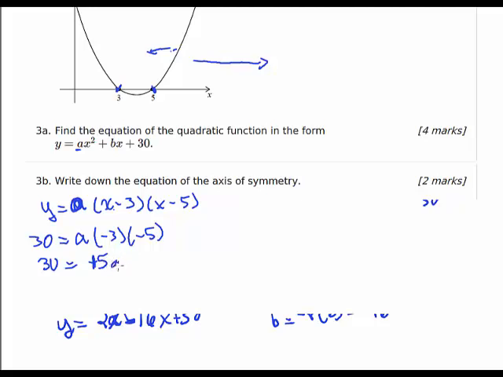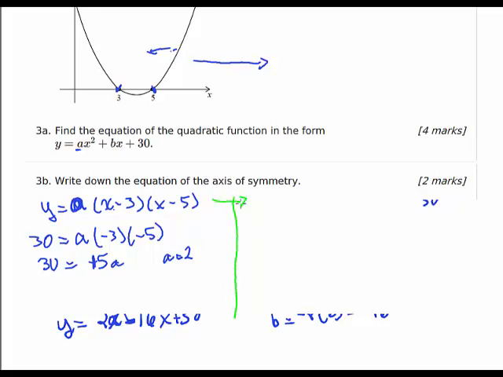Two negatives make positive, so a equals 2. And then from there we can come back up here and substitute in 2 for a, but let me just make this a different color so you can see what I've done.